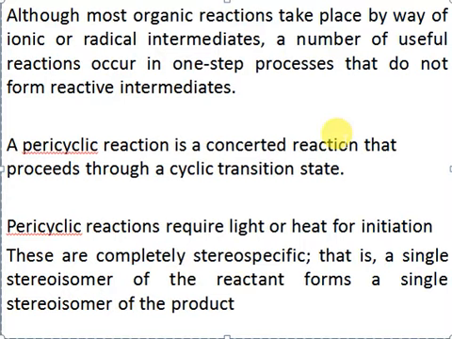They are completely stereospecific, meaning you get only one product from the reactant. Depending on your reactant, if you're using a single stereoisomer, that single stereoisomer will only result in formation of a single stereoisomer as a product. So they are stereospecific reactions, they are concerted reactions, and they always proceed via a cyclic transition state.